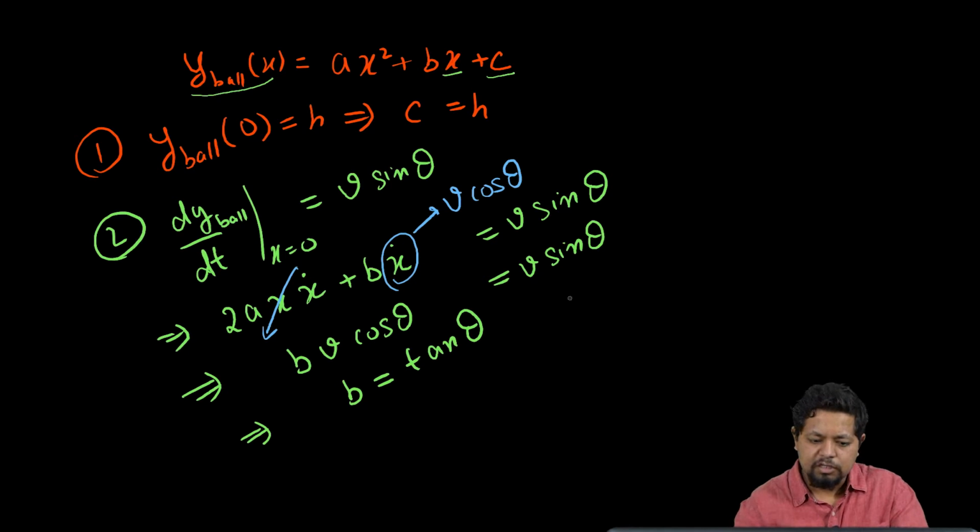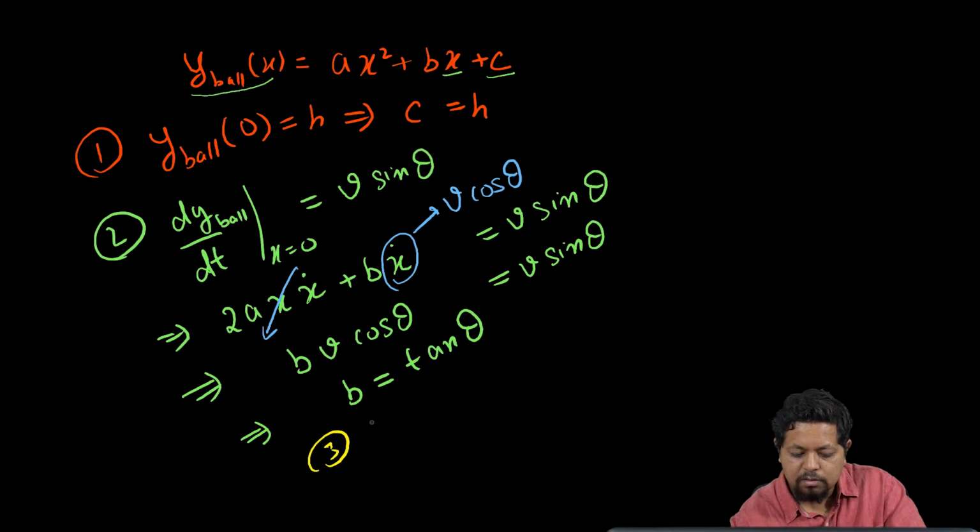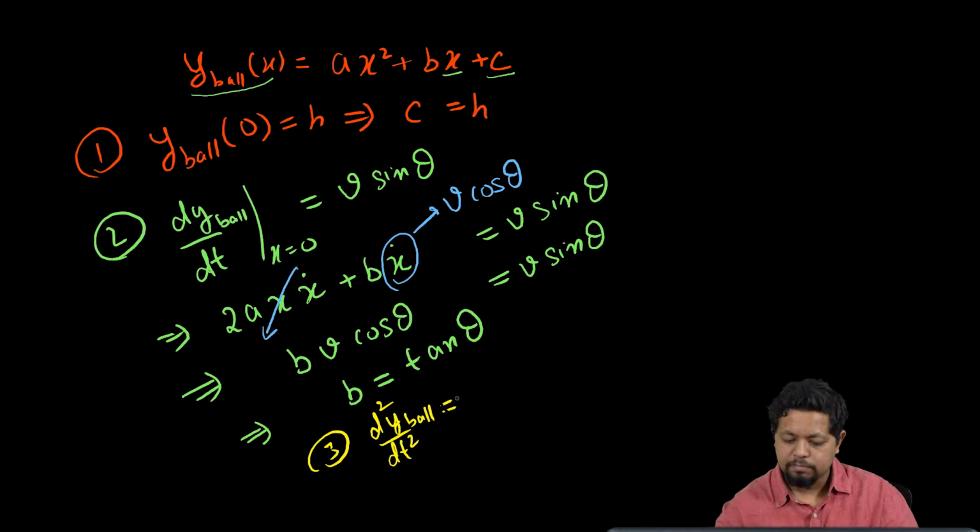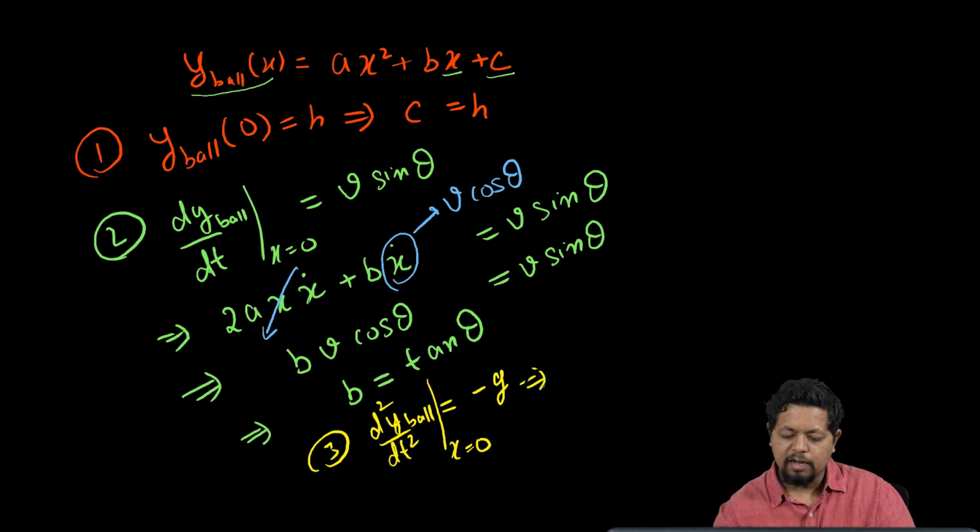Now using the third condition, which says d square y by dt square is equal to minus g at all x, but definitely at x equal to 0. So we can calculate d square y by dt square of the ball.